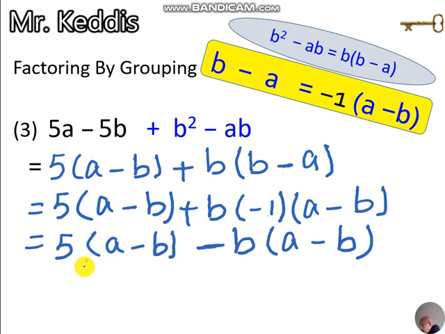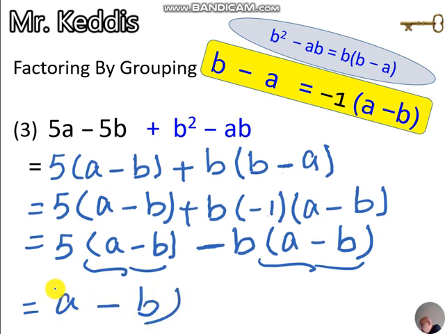You have a minus b here and a minus b here as a common factor. A minus b. If you multiply this by 5, you get the first term. If you multiply a minus b times negative b, you get the second term.